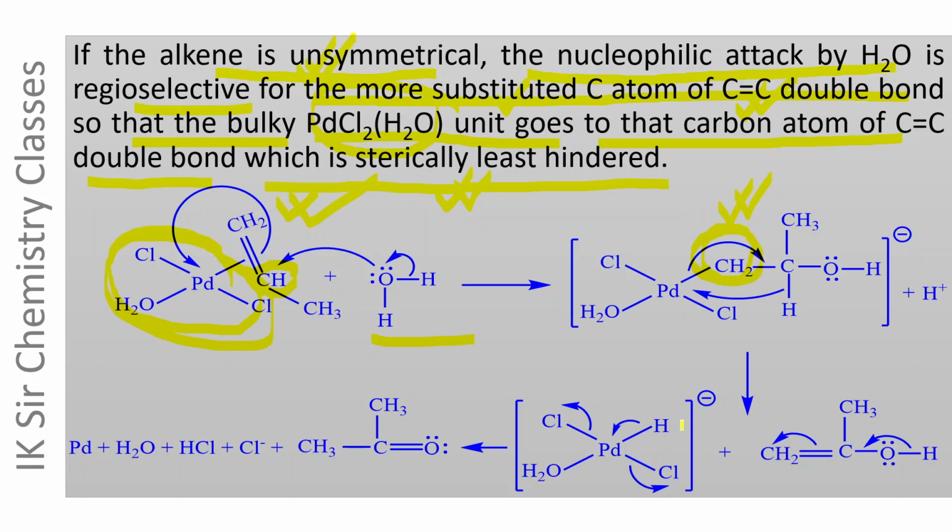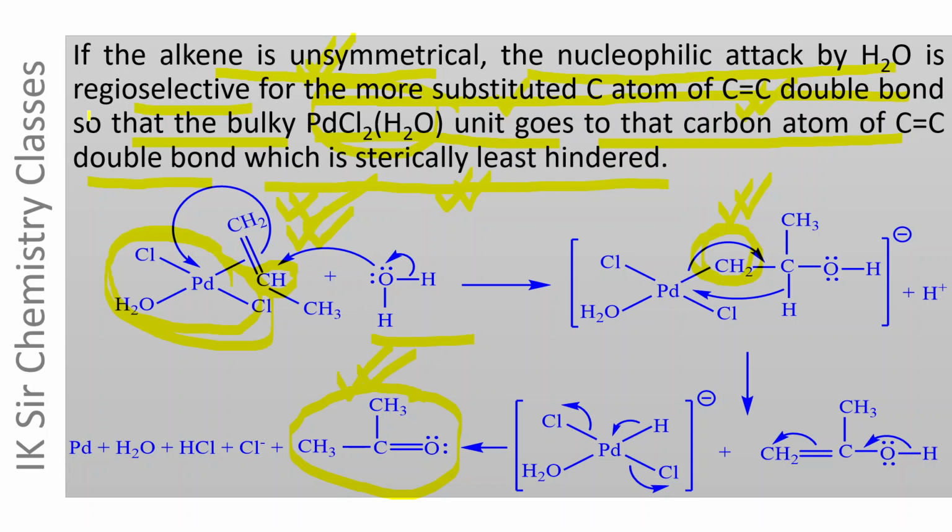And the product here is acetone. It means if propene is used as reactant in the Wacker process instead of ethylene, acetone is formed instead of acetaldehyde.